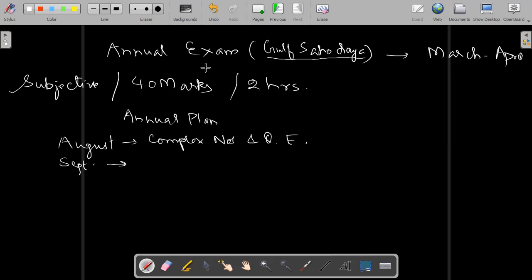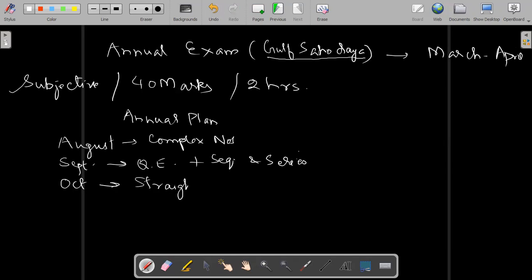Actually quadratic equation will be in September. In August I will complete complex numbers, and in September quadratic equations plus sequence and series. October, straight lines and limits.